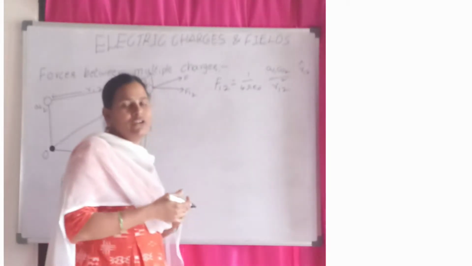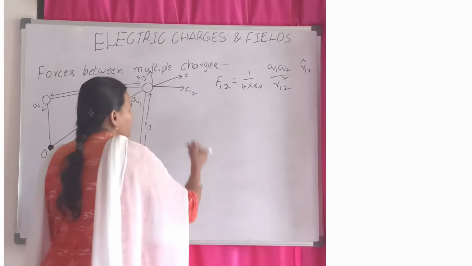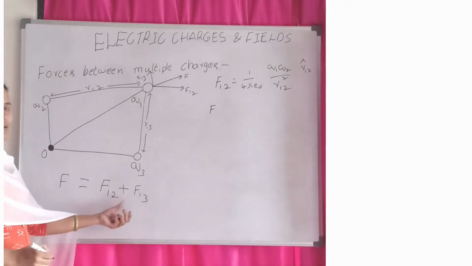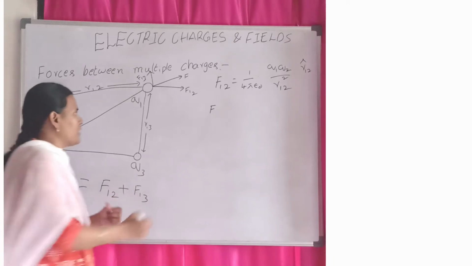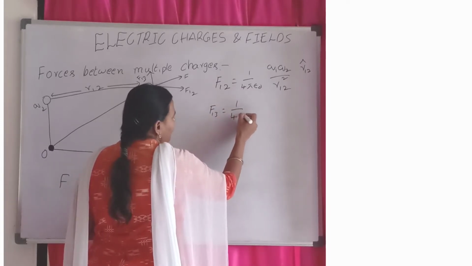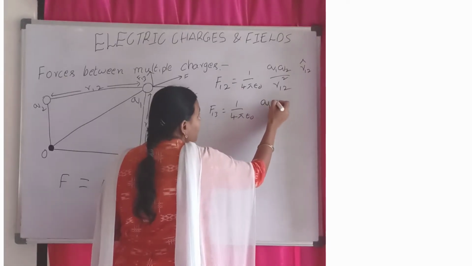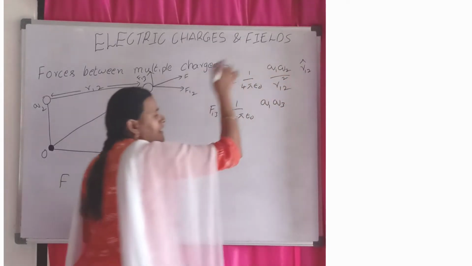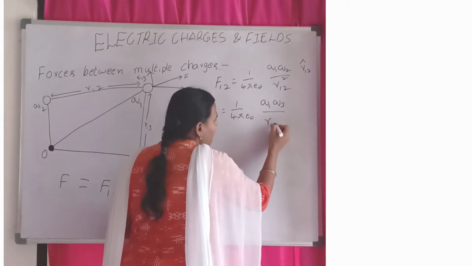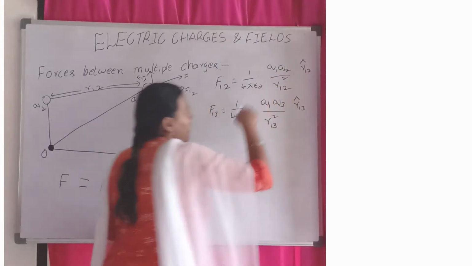If you are getting confused, see the previous video once again, then you will get clarification. In the same way, I wrote F12, and by applying Coulomb's law I am writing F13. F13 is equal to 1 by 4 pi epsilon naught into Q1 Q3 by R13 square into R13 cap.